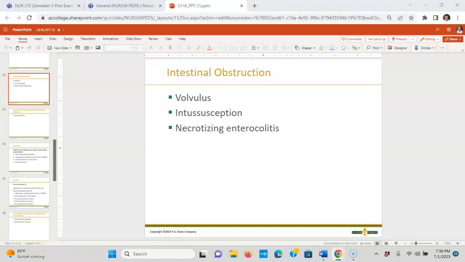So short bowel syndrome means that there's an alteration in the digestive and absorption process because there's not as much bowel material. So that can cause nutritional, metabolic, infectious consequences, a bowel obstruction. Okay. So short bowel syndrome is a real thing in NICUs. We're looking at it all the time.